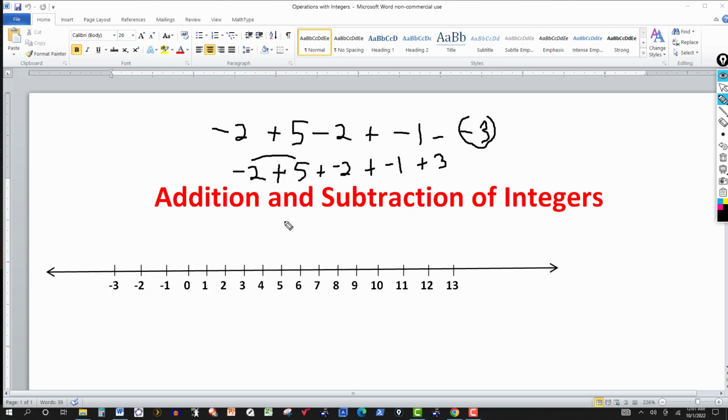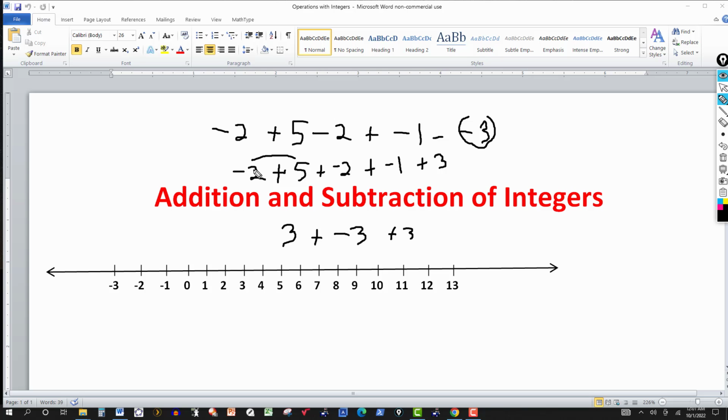So 2 from 5 is 3. And then the 5 is the larger number without regard to sign, so we take the positive. Okay, and then let's do these two here. So negative 2 add negative 1. Both signs are the same, so we just add them. 2 and 1 is 3, negative 3, and we bring down the sign. And then we add 3.